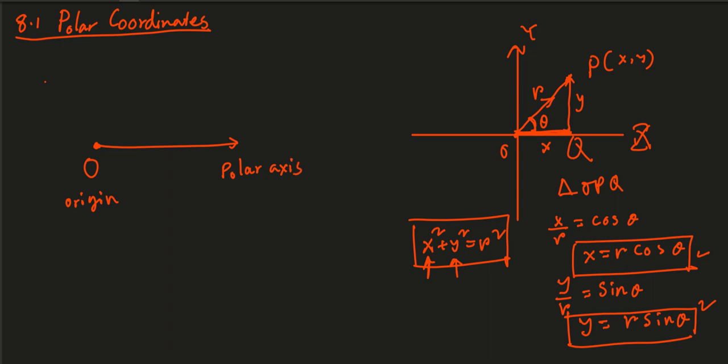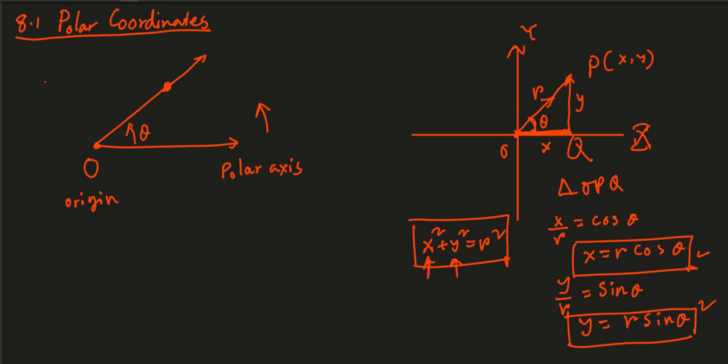Any point in this coordinate system is represented like this. Let's say this is a point, and this polar axis is rotated in the counterclockwise direction and stopped here. By this rotation, it created an angle of theta.